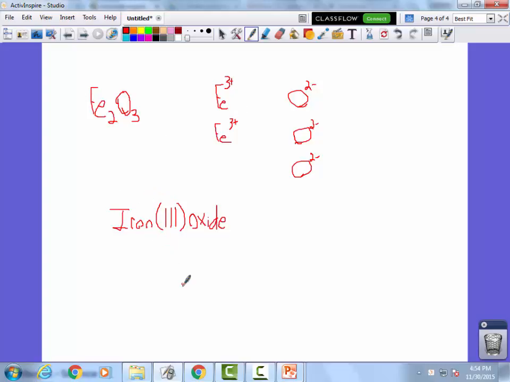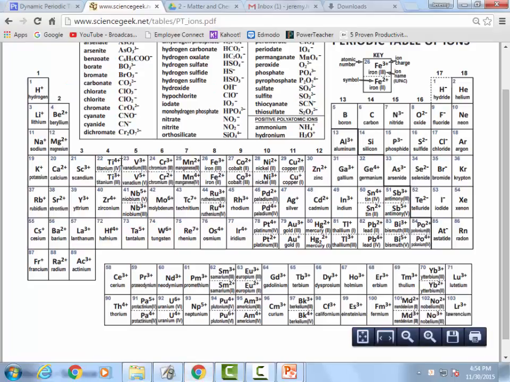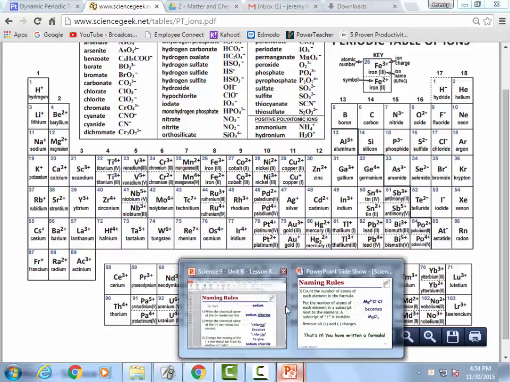We only use the Roman numeral when we're specifically looking at one of these atoms with multiple charges. When there's several different charges to choose from, like for example, copper could be a 1 plus or a 2 plus. When you're determining that, and you're looking at how it balances with, say, oxygen, they're going to look different.